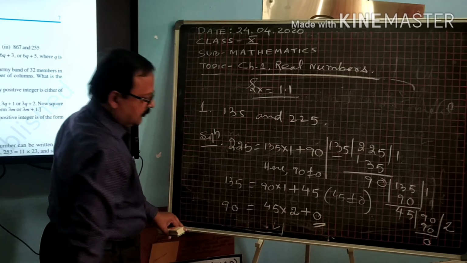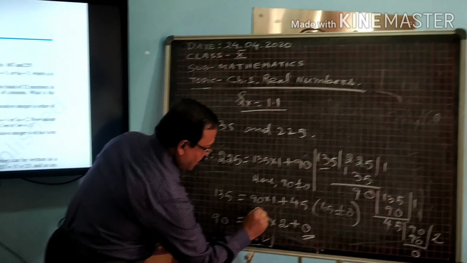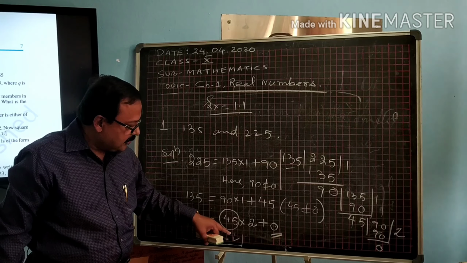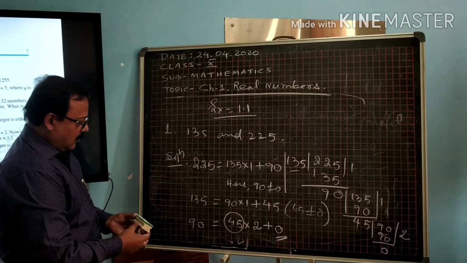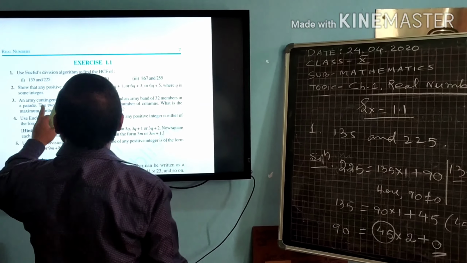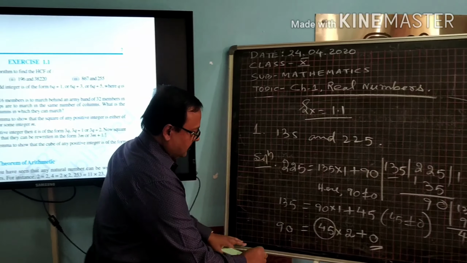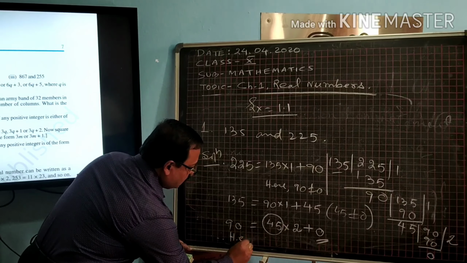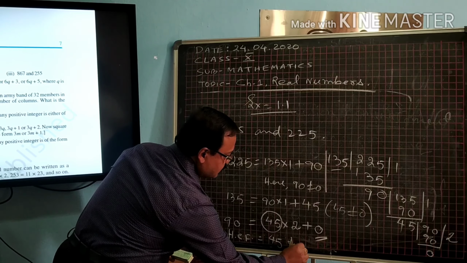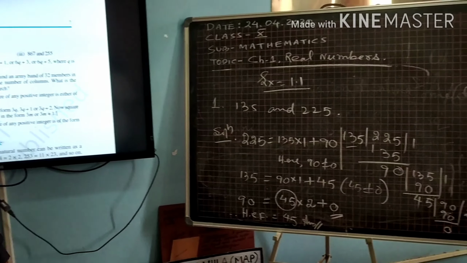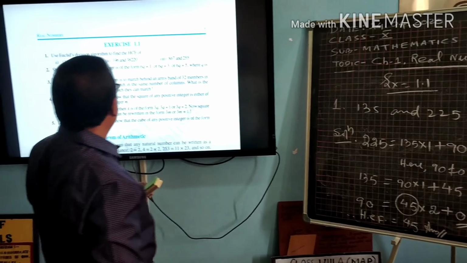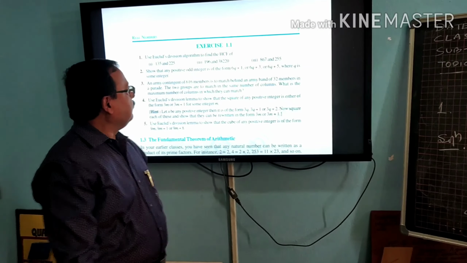Then 0 means the number which multiplies with the quotient, that number will be the HCF, the highest common factor, by Euclid division algorithm. Then required HCF equal to 45. Answer. This is the method to solve HCF by Euclid division algorithm.